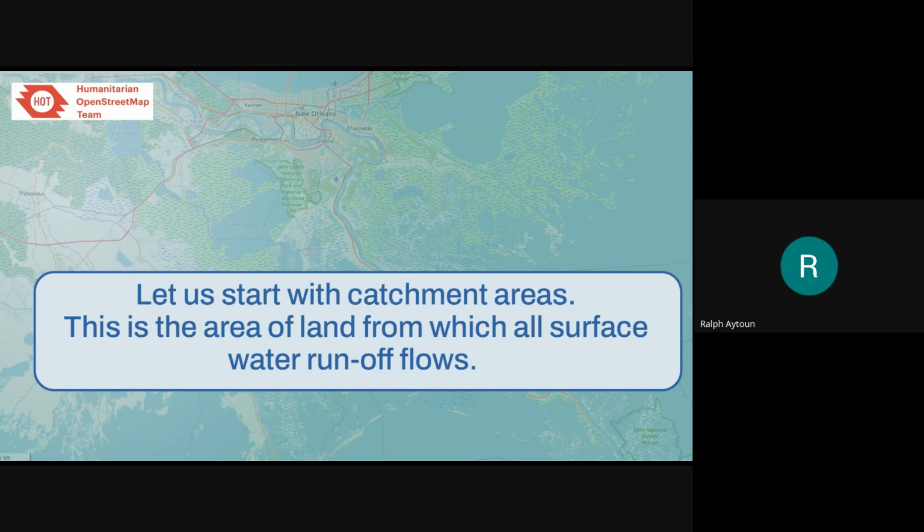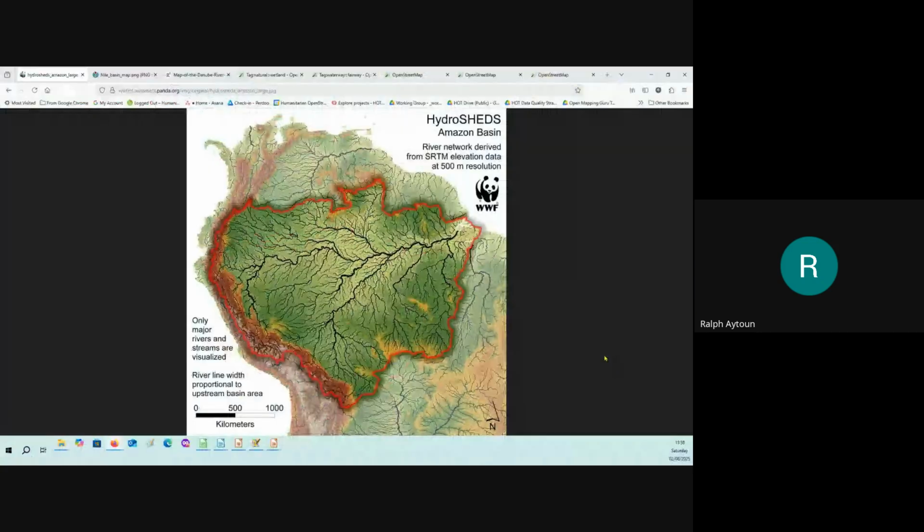Let's have a look at some of those. Here is the catchment basin for the Amazon River. You can see it is quite an extensive waterway, and it has a very large catchment area.